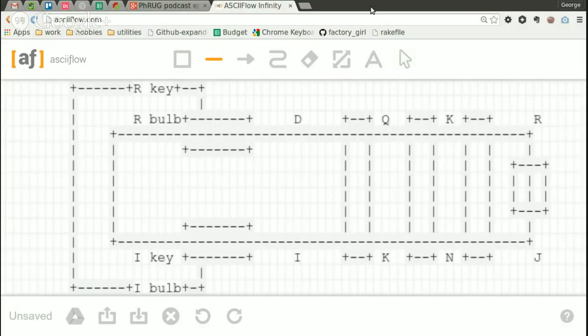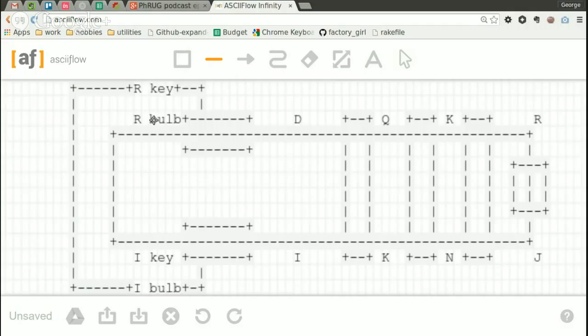So you might be thinking, I know that the R key is connected to the I bulb and the I key is connected to the R bulb. But what about the other keys and bulbs?